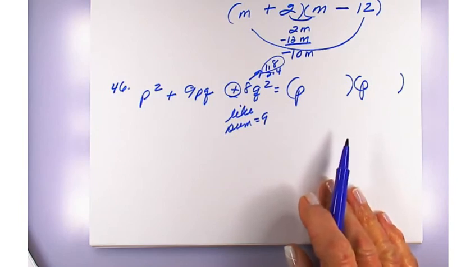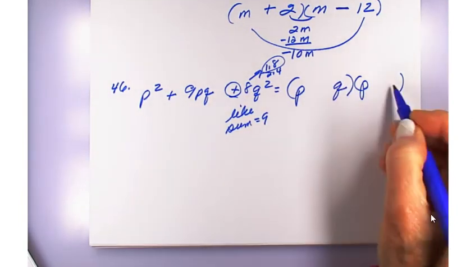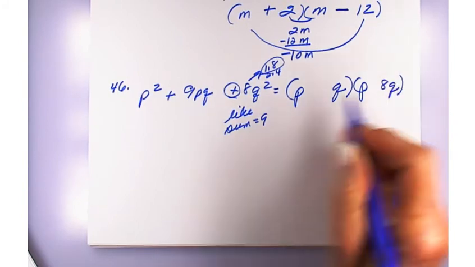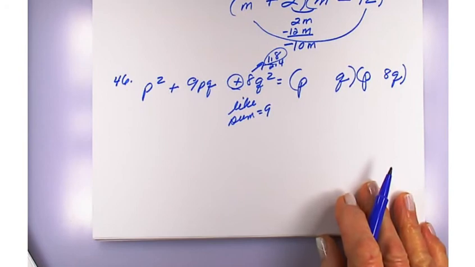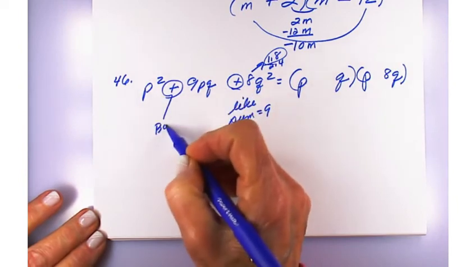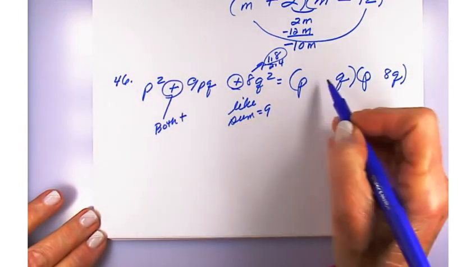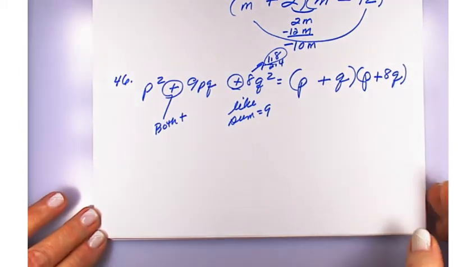So I'm going to have 1Q and I'm going to have 8Q because those are Q's. And now I need to know, are they both plus or minus? So I look in the middle and this tells me both positive.